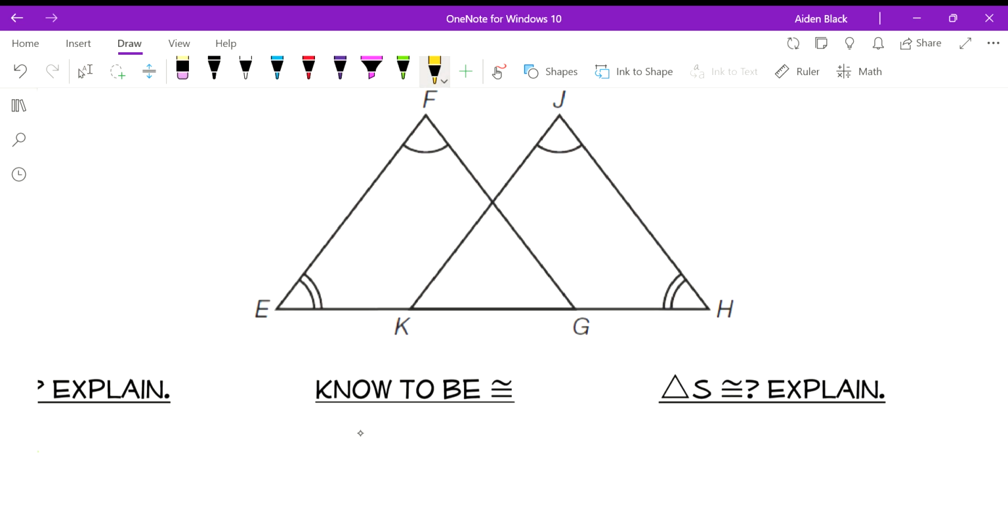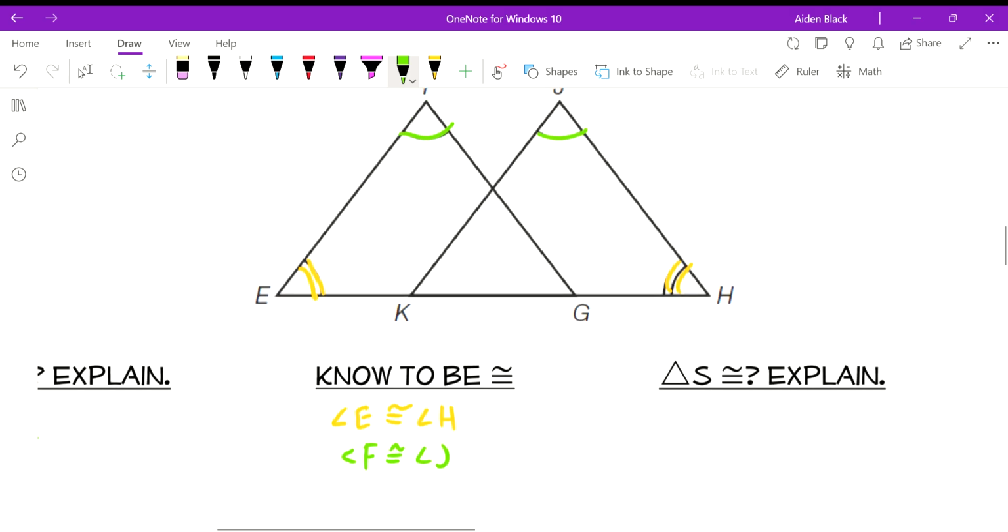We do know that this angle is congruent to this angle. Okay, and then we also know that angle F is congruent to angle J. Good.